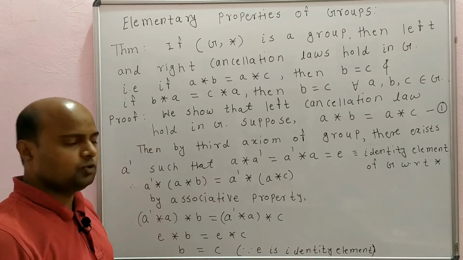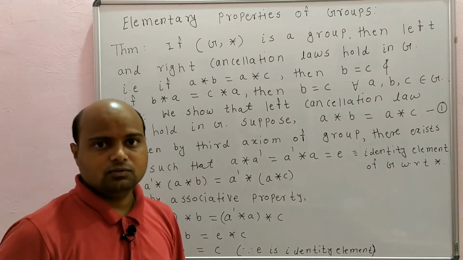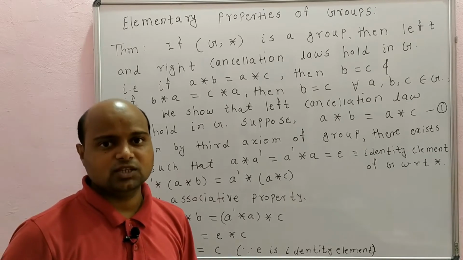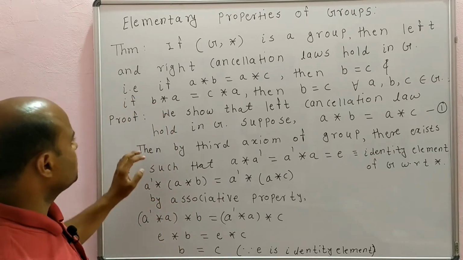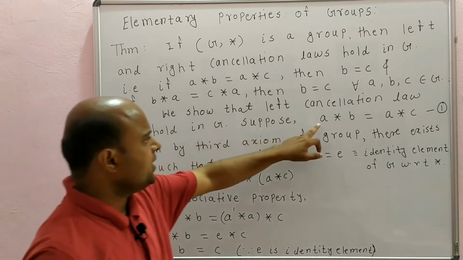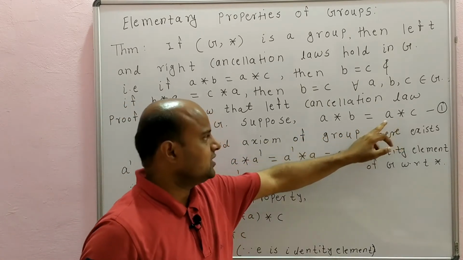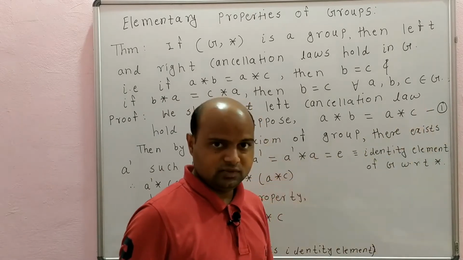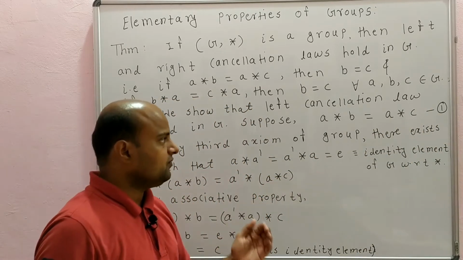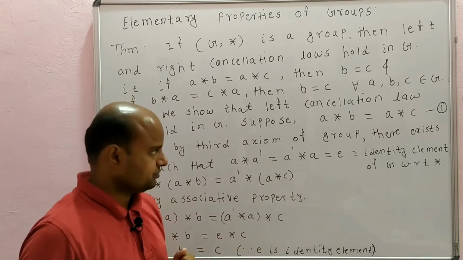So firstly we will see the proof of the left cancellation law. Suppose A star B is equal to A star C, and call this equation number 1. Now we have to prove the left cancellation law.